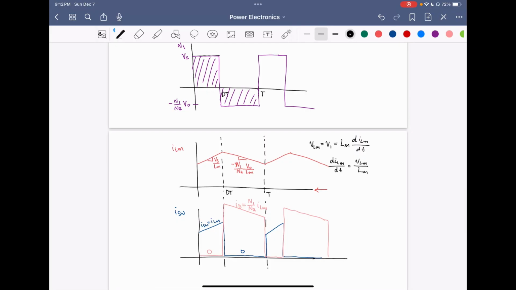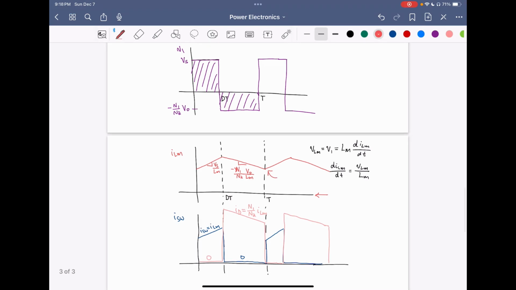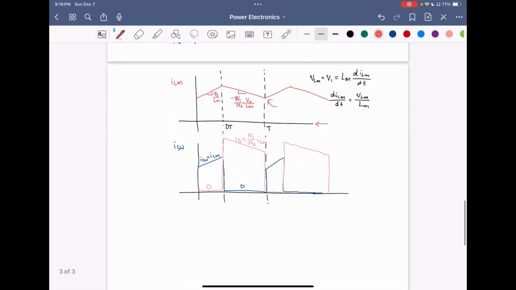And the next step is we're going to take a look at what the minimum inductance that we need is to ensure that the flyback converter operates in the continuous conduction mode. To start this analysis, we want to find the average value of the magnetizing current, so ILM.